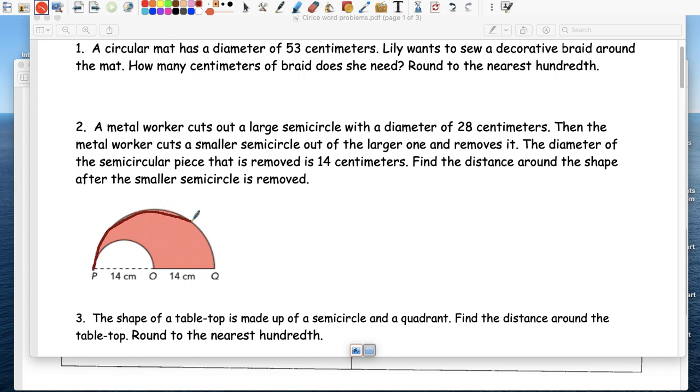That's a semicircle, or half the circumference of a circle, right? So the distance you're walking would be half the circumference of a circle plus 14, right?